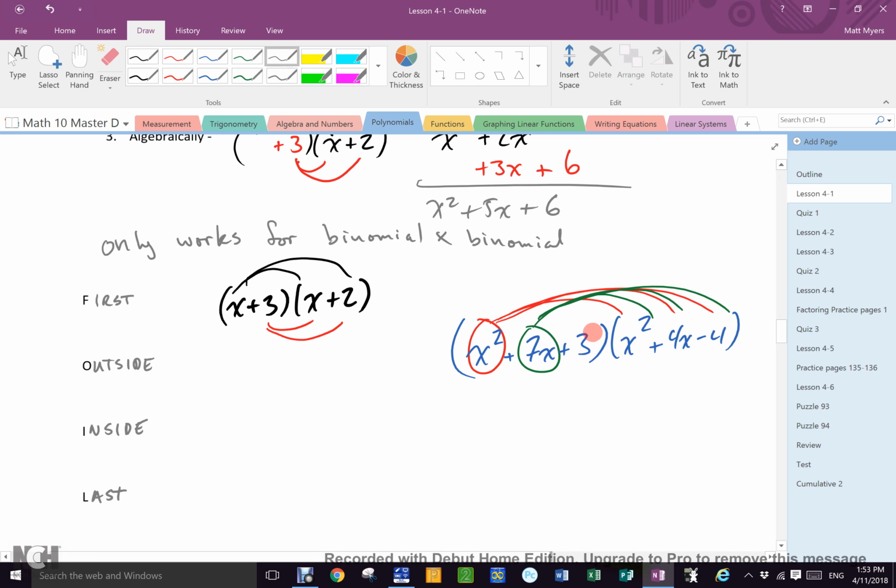What would I then do with that 3? How many times? Thrice. Giving me 9 terms to add up. Right? It's the exact same thing. But we spend all our time yelling about FOIL, which only works here. But if you spend time practicing distribution, when does it work? Every time. Got it? All right.